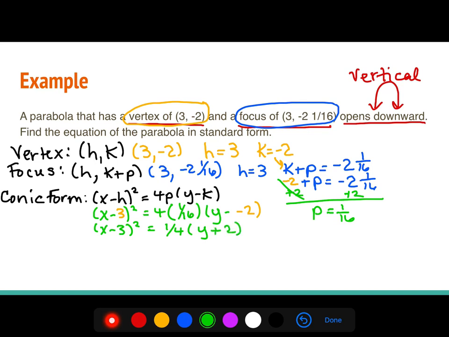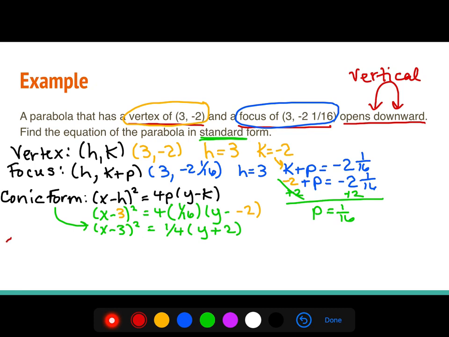And then I simplify this as much as I can. So I have (x minus 3) squared equals 4 times 1/16 is 1/4, (y minus a negative is y plus 2). This is my conic form, but my equation answer has to be in standard form.